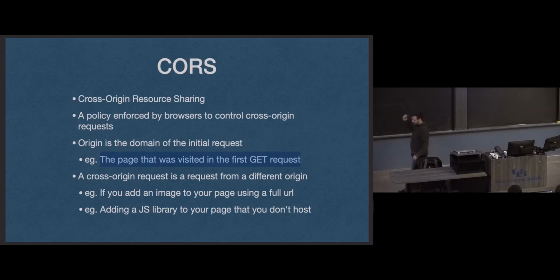You find an image somewhere on the internet, you copy the link to the image, you go to your HTML and you say img src equals, paste. That's going to create a cross-origin request from wherever you're hosting your code over to that other origin with that image, and then get that image and put it on your website. That's a cross-origin request, but it's allowed because it's a GET request.